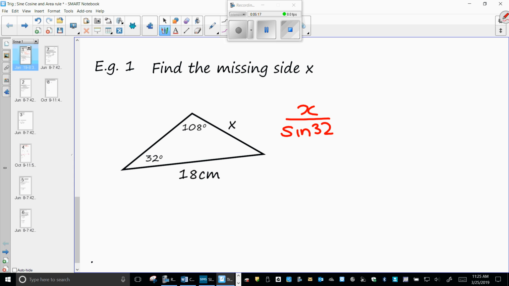Perfect, is equal to what? 18 over sine 108. Some of you are maybe wondering where they got those numbers from. Literally, this length divided by the sine of this angle has to be equal to this length divided by the sine of this angle. So it doesn't matter which one's A, B and C, because it's just the relationship between any two pairs.